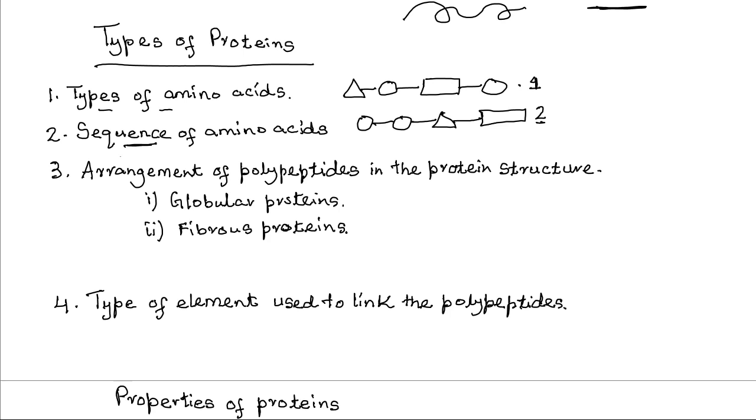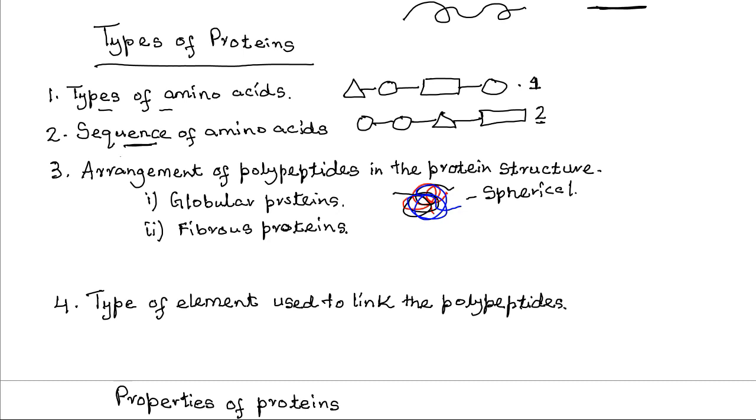Now, the polypeptides may be arranged in a manner such that they form coiled and roughly spherical structures like that. So you have another chain coiling tightly, and still another one like that, so that what is formed is roughly spherical in shape.